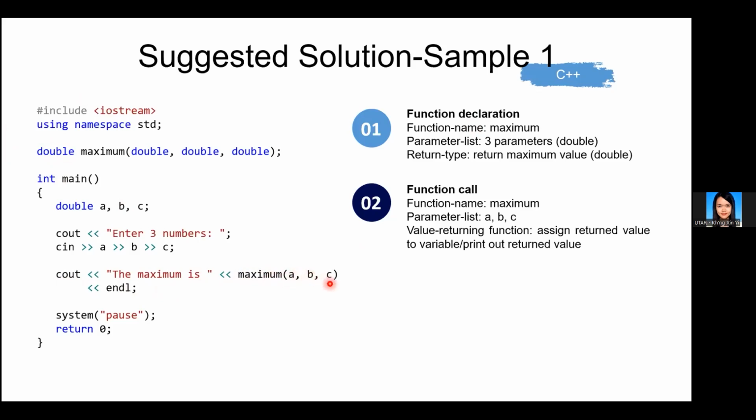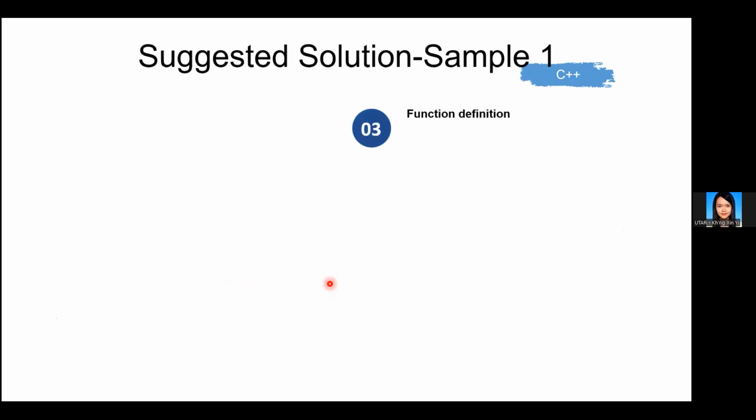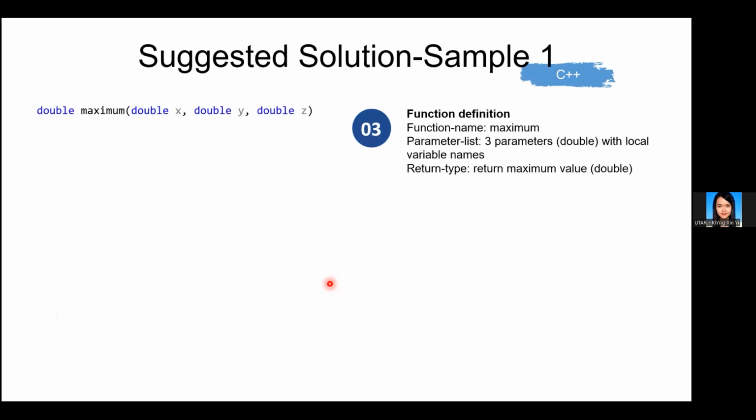All right. And then we proceed to the function definition here. We have to define the function. Remember the two parts. We have to include the function header. So the function header is something similar to the function declaration, the same return type double, the same function name maximum, and then the three parameters that are going to receive the values from the function caller.